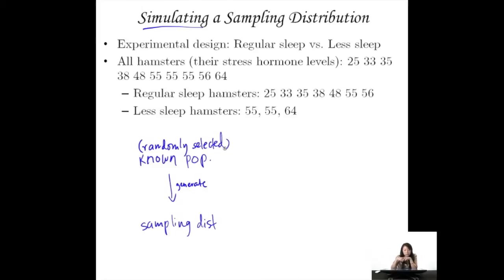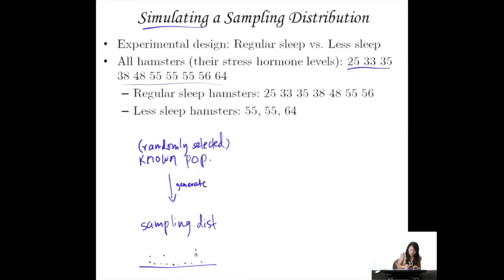And so we might randomly select through a computer program 3 of the entire set of hamsters, and generate a sampling distribution. And maybe one thing we might want to do is get their means of 3 hamsters at a time. So pick 3 random hamsters, get their mean, put it in my sampling distribution. Get 3 random hamsters, get the mean, put it in my sampling distribution. Over and over again, until we get a whole bunch of means.